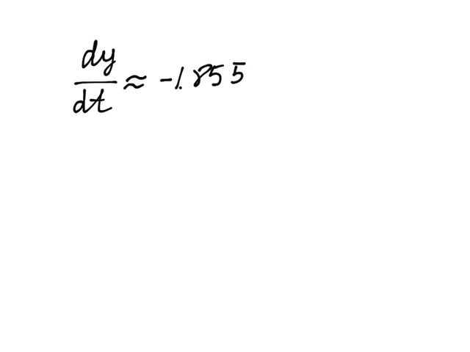If you do it right, you can finish it up, and you will get dy/dt approximately equal to negative 1.855 feet per second. Units are important unless it's multiple choice. Also notice it's negative because the length of y is decreasing, the ladder is sliding down, so that's why it's negative. I'm going to show you more examples.